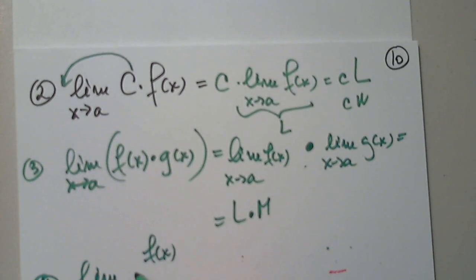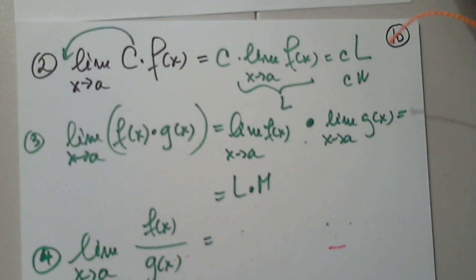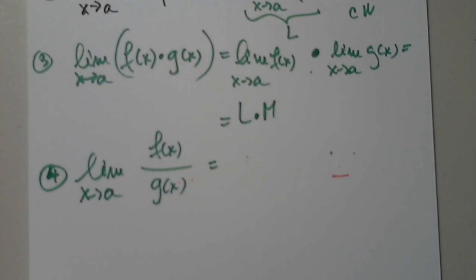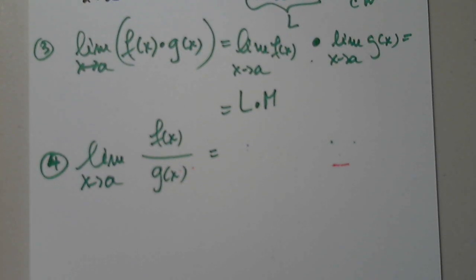Number 4. Limit of f(x) divided by g(x) as x approaches a. Wild guess? It's not that wild. What do you think?